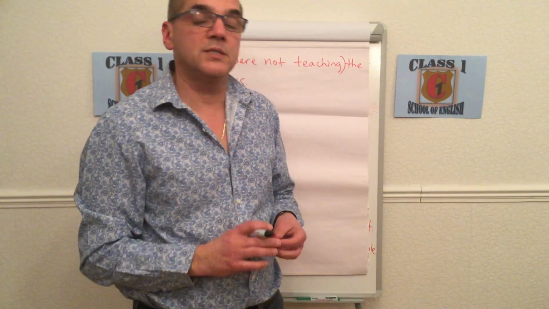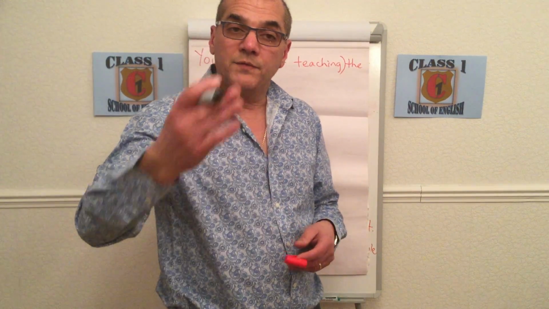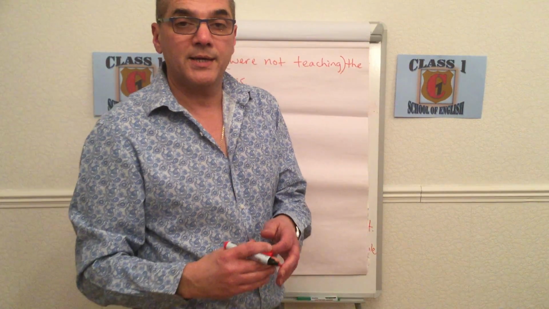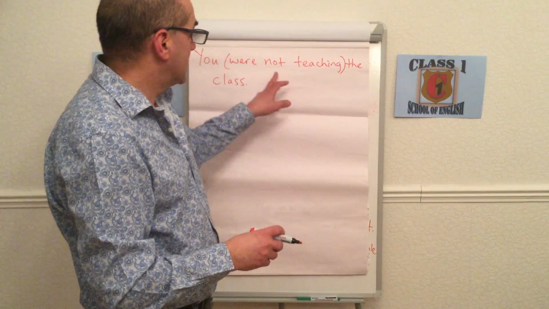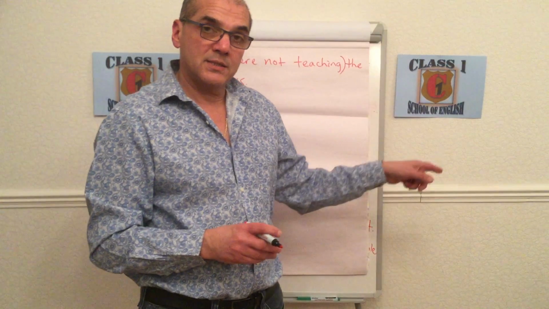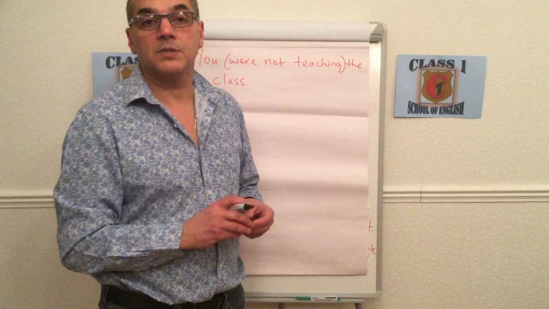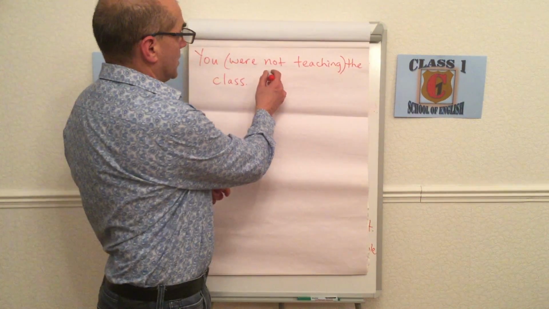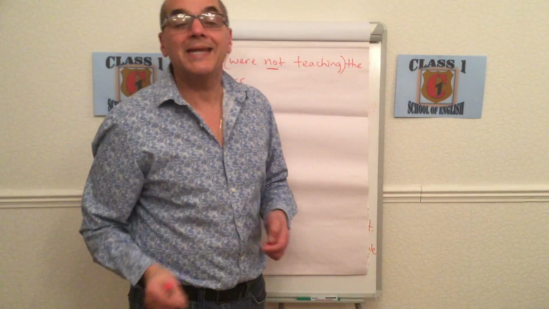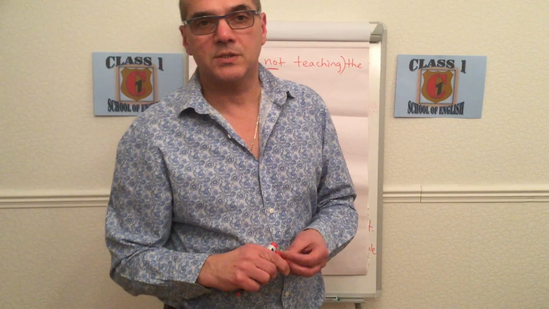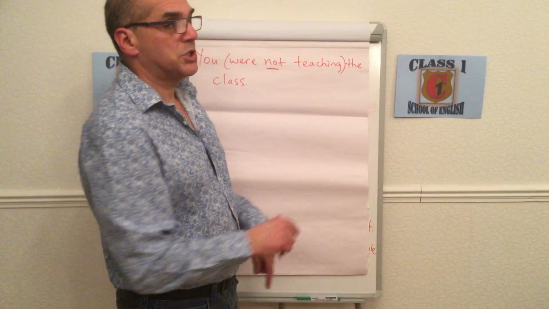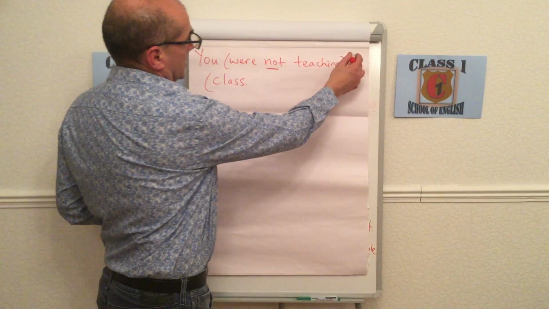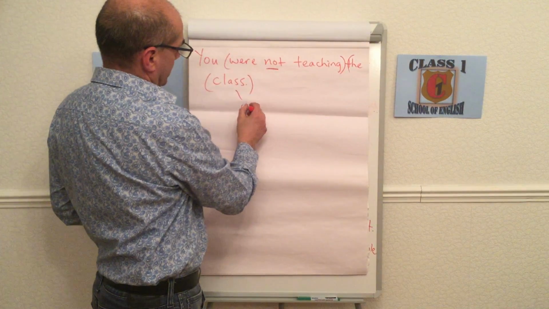Now I'm going to cover continuous in a future tutorial, so I'm not going to dwell on it here. Suffice to say that he's saying that in the past, I have not been doing something I was supposed to be doing, because he's got the word not in there. So he's made it into a negative past continuous. You were not teaching, and then the class is still the object. Okay?